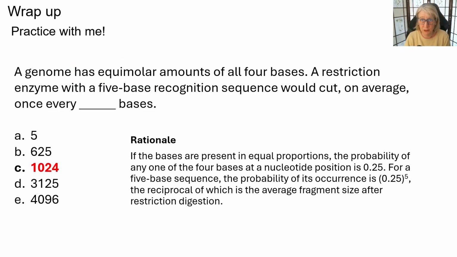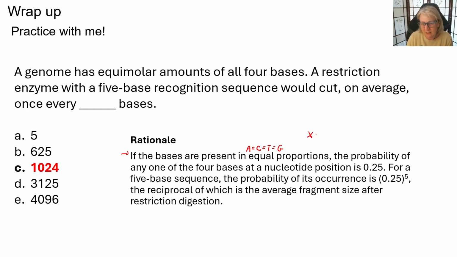I put this here for you because I think that once you see this pattern, this is something that is actually useful to you. If the bases are present in equal proportions, so A is equal to C, equal to T, equal to G, there's 25% of each one, the probability of any one of the 4 bases is 0.25 at any location.